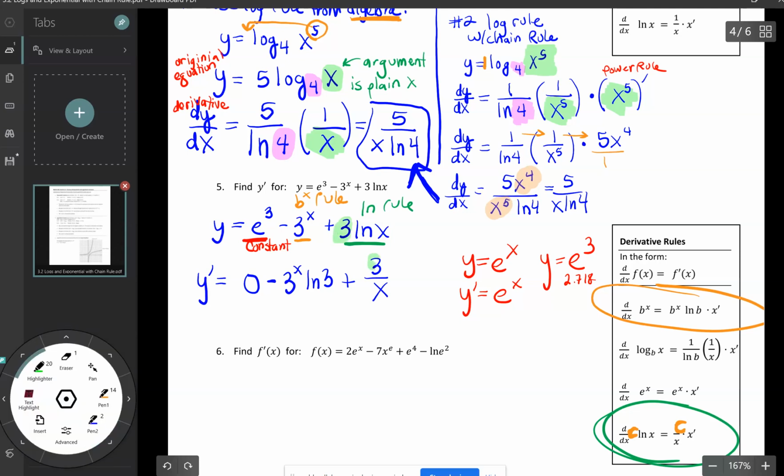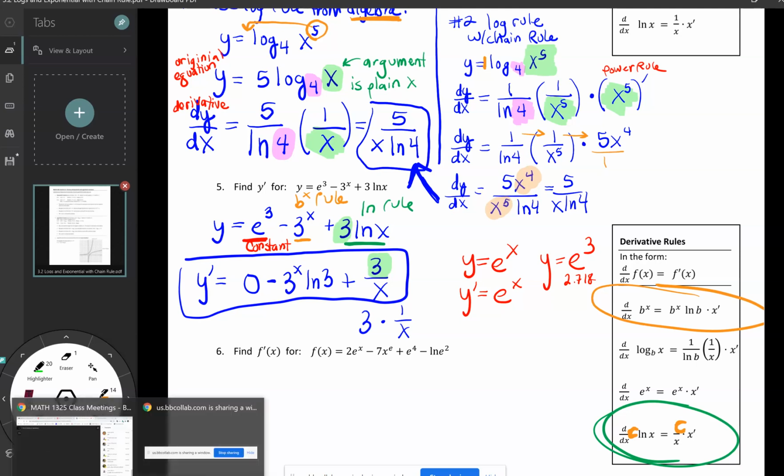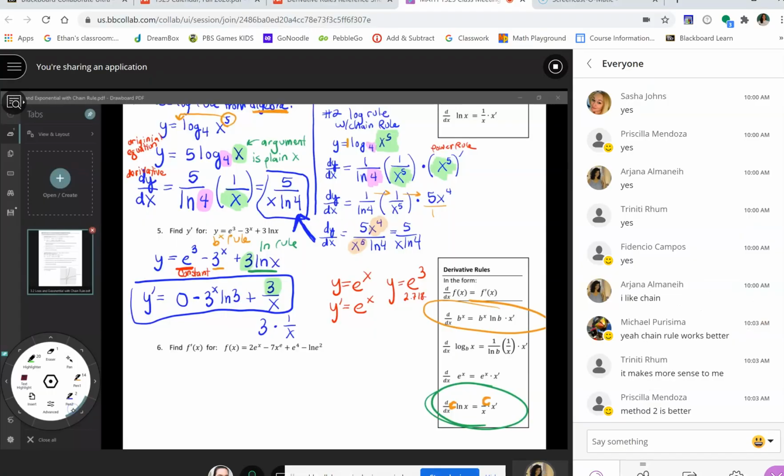That constant ended up in the numerator. Or you could write it as 3 times 1 over x, but that 3 is still going to end up in the numerator. And then you're done. That's your derivative. Tricky, right? I know, with that constant. We're just slowing our brain down to read things.